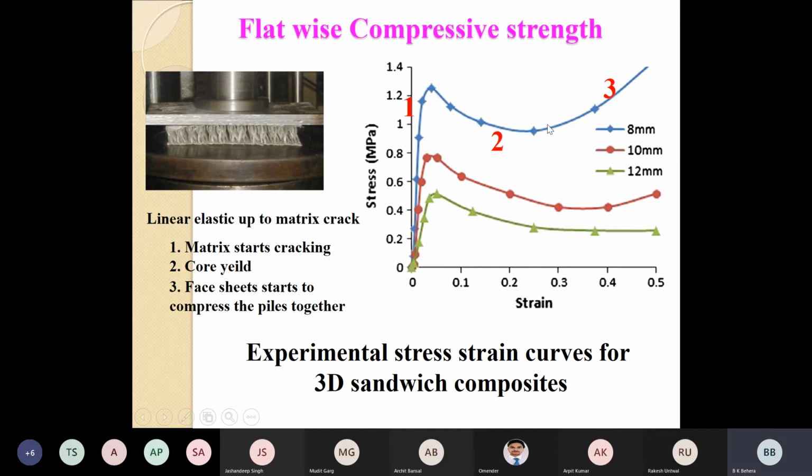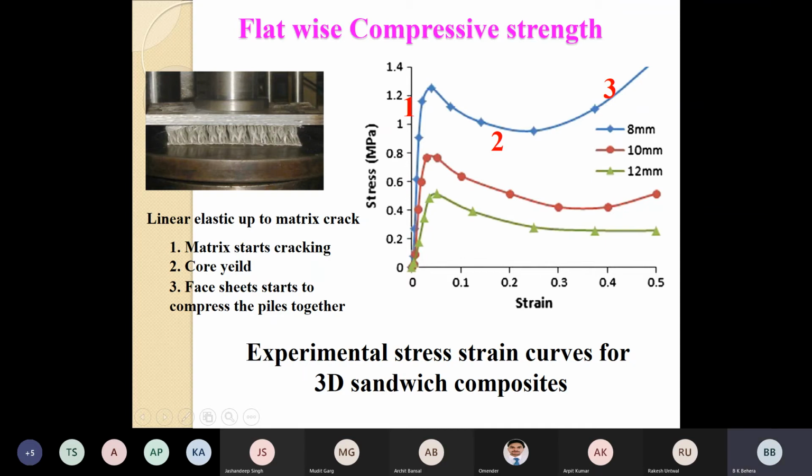At this point, you will find the top skin touches the bottom skin, no more void. Then the structure starts taking load, then the curve rises up, which is called face sheet starts to compress the pile together. Point 2 refers to pore yield. Point 1 refers to matrix starts cracking.